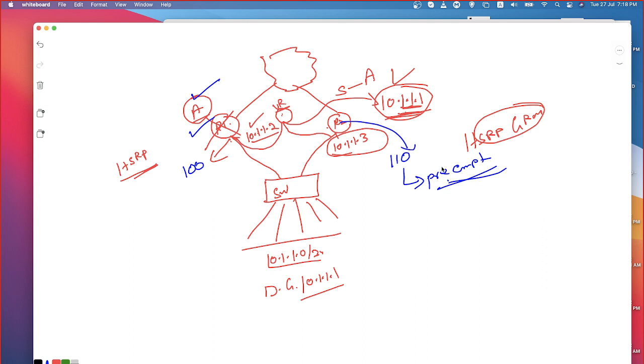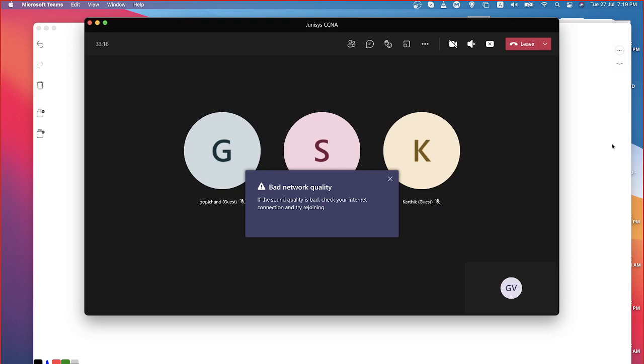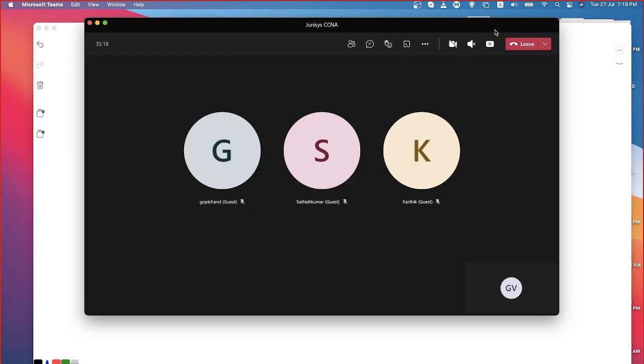Okay. Let me check it out. I'm getting bad network quality. I don't know why. Give me a minute. Let me connect through my mobile, and then we will check it out.